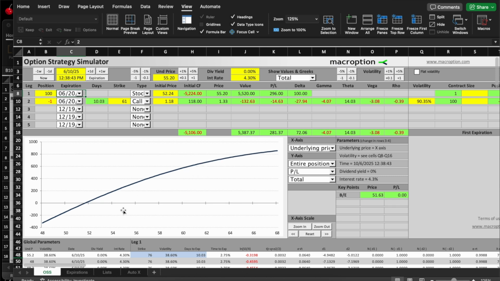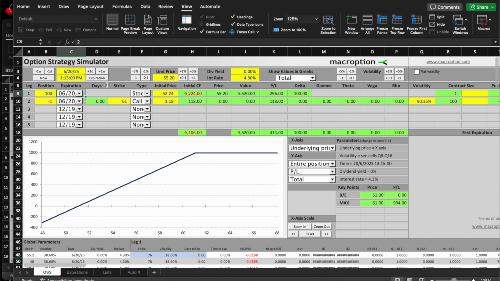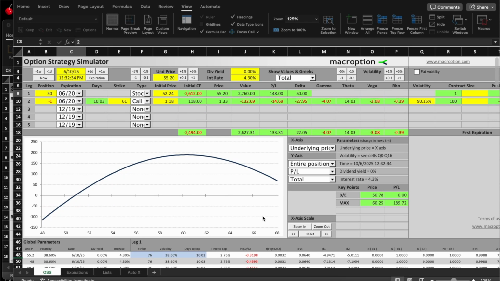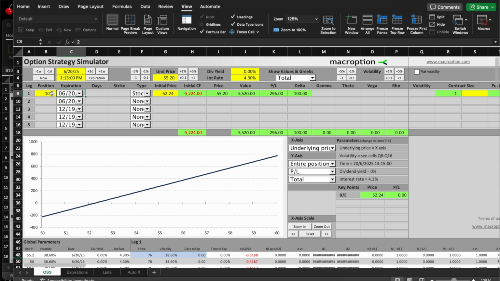Let me get back to the current position. So again, this is what it looks like, and at expiration I would have capped my upside at the 61 strike, as opposed to if I had been straight up long, then we just have the long structure there. But let me get back to the original position here.